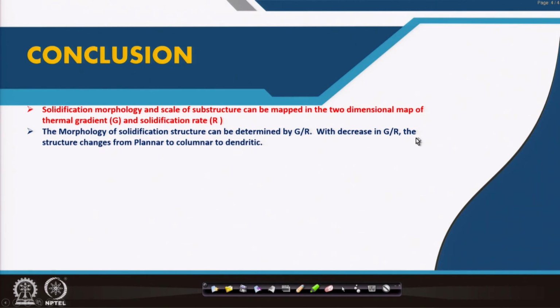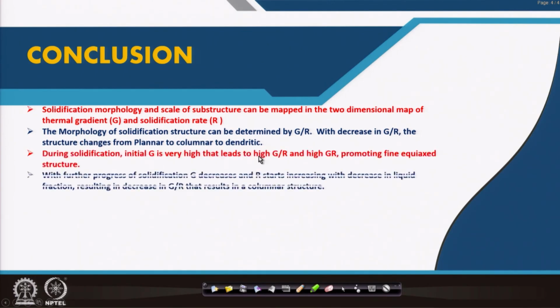With a decrease in G by R, the structure changes from planar to columnar to dendritic. And with progress of solidification, G by R decreases. As a result, from the surface towards the center, the structure changes from planar to columnar to dendritic.